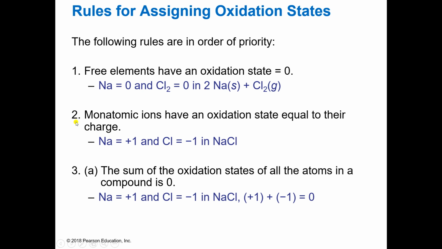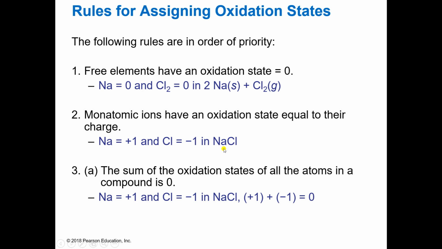Now, if we have a monoatomic ion, meaning we do have a charged sodium, for example, not a solid sodium in its free state, the monoatomic ions have an oxidation state or number equal to their charge. So sodium as an ion is +1, so its oxidation number is +1. And if we look at this ionic compound here, the sodium chloride, we are looking at sodium.